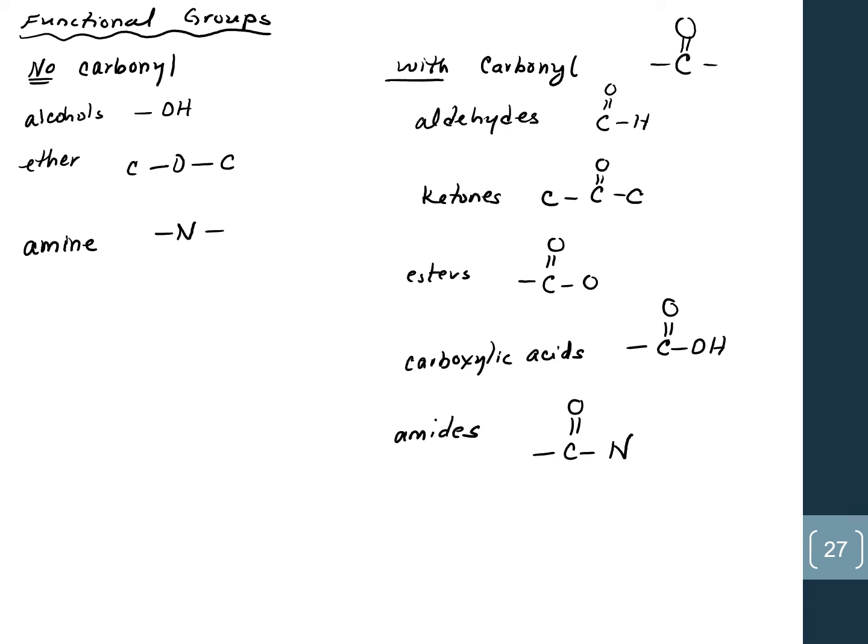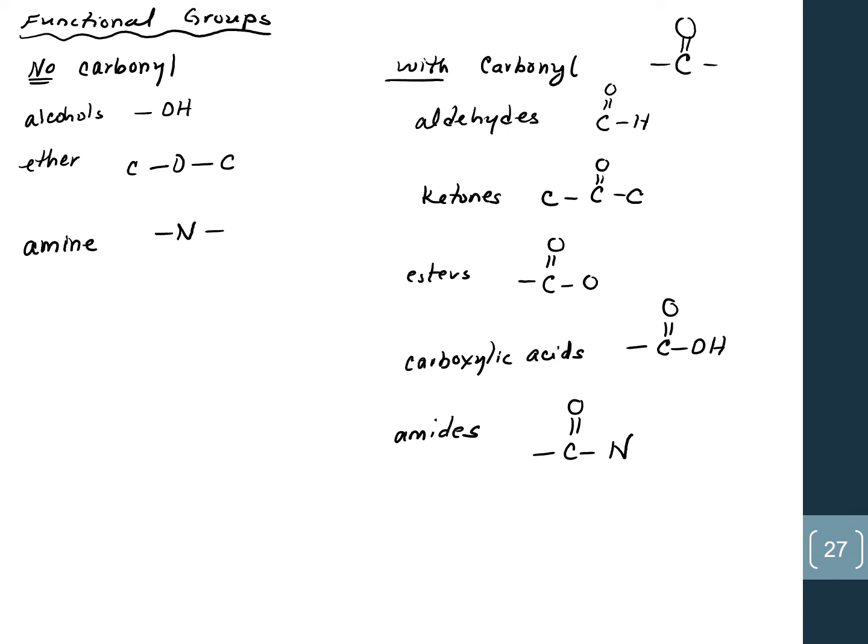So, common mistakes: confusing alcohols with carboxylic acids. You do have the hydroxyl group for both, but you don't have a carbonyl for alcohol. Another common mistake, confusing ether with esters. For ether, you don't have the carbonyl.